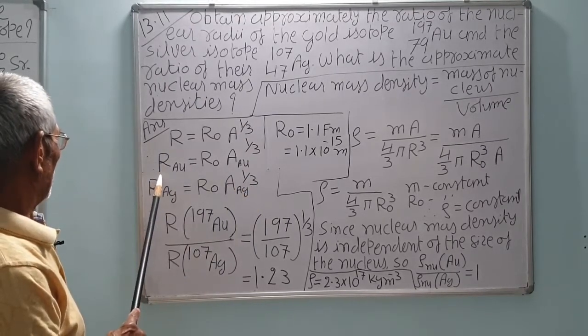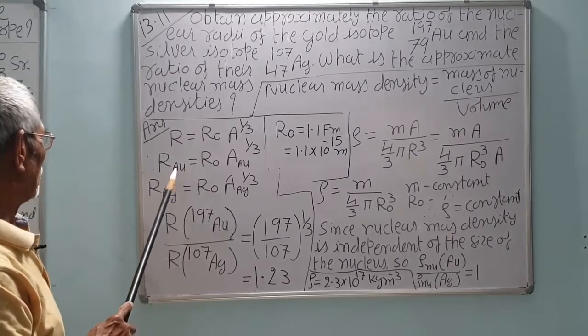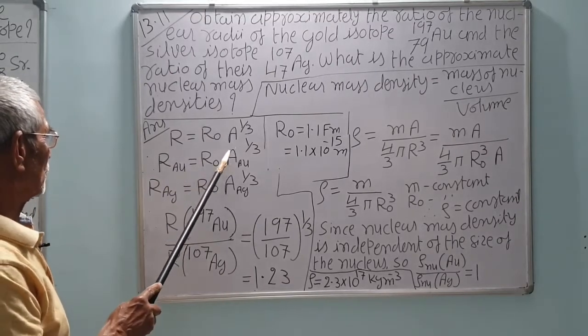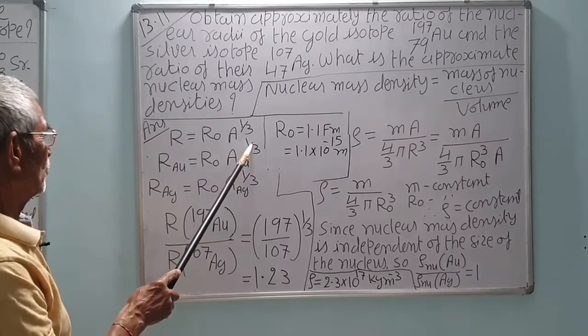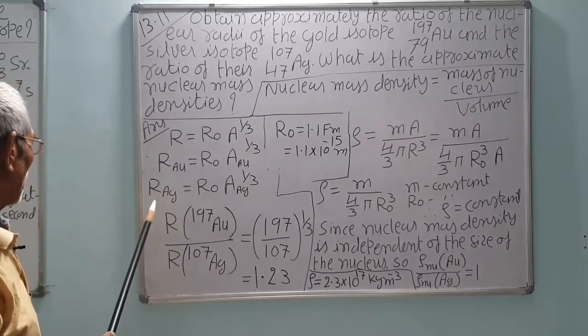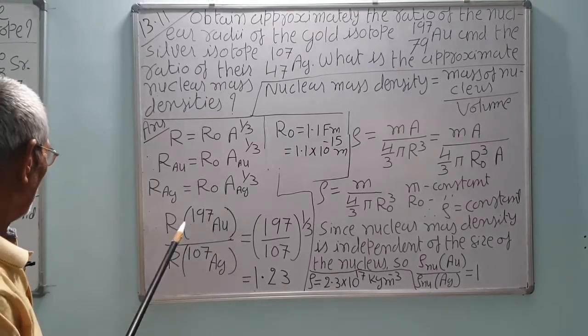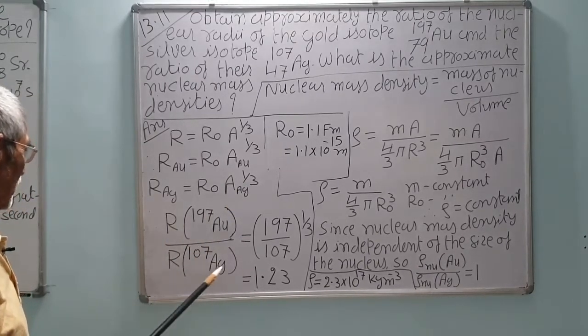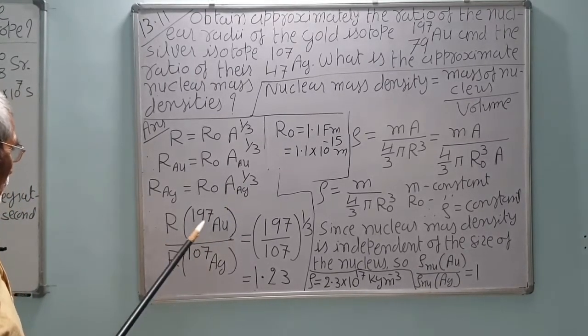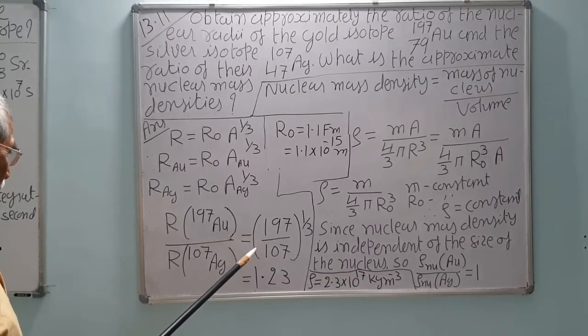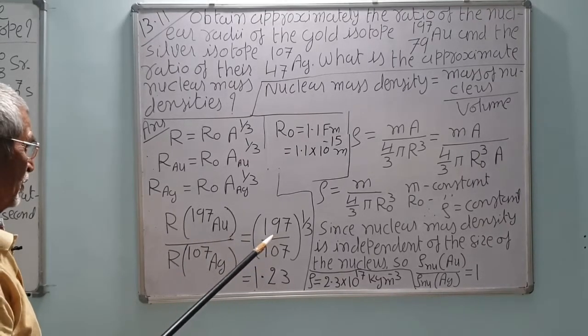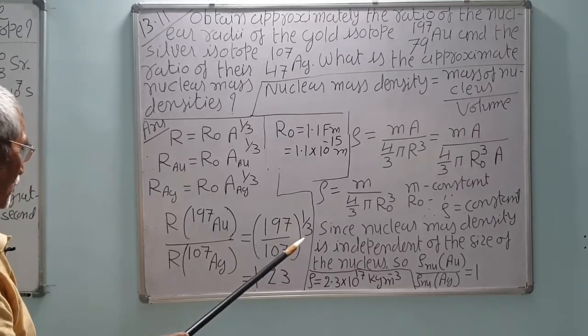So, the radius of the gold nucleus R Au is R0 into A Au raised to 1/3. R Ag is equal to R0 A Ag raised to 1/3. So, R gold upon R Ag is equal to 197 upon 107 raised to power 1/3, correct.